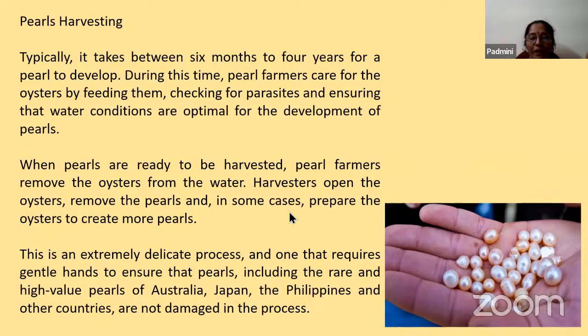And anyone can take up pearl farming, because you don't need large land like cultivation of paddy. You need very little space, and you need a lot of patience. If you have all these things, you can start your own pearl culturing, because the government is also giving a lot of funding to pearl farmers, as India is very far behind in international pearl cultivation, and it can give us billions of money.